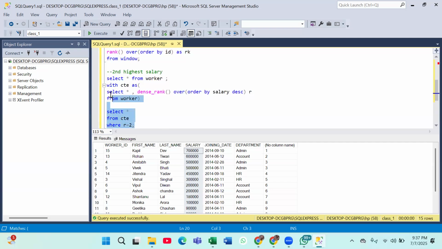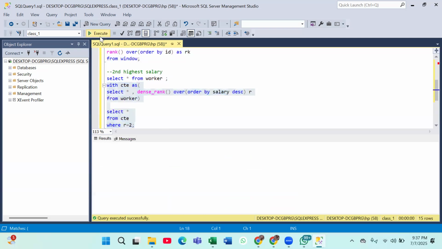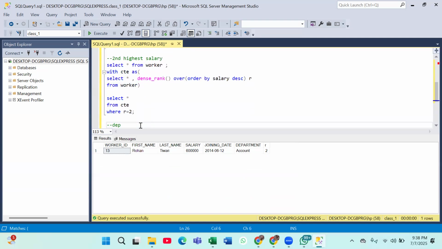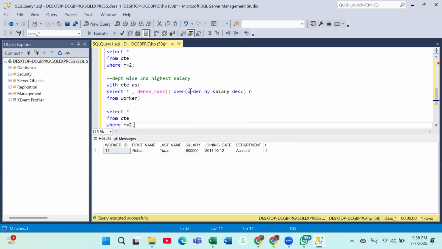Do you have any confusion in this syntax? And if I want department-wise second highest salary, then I have to use partition by department.